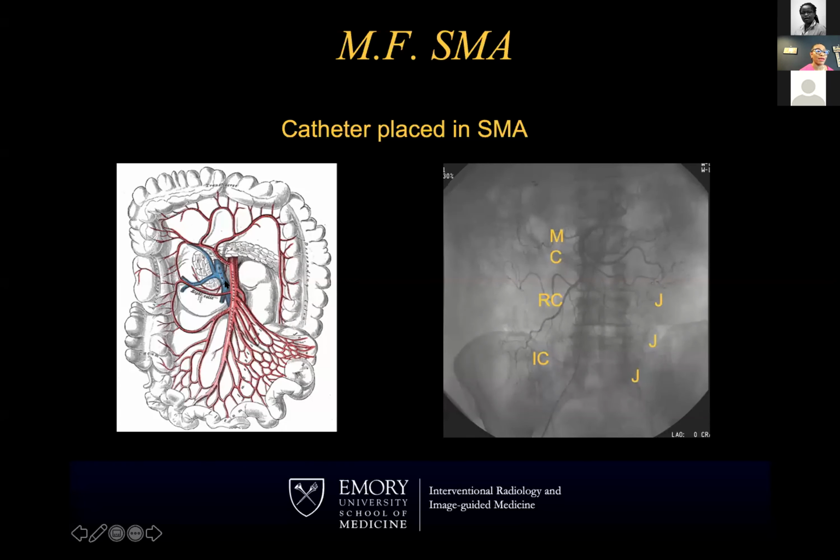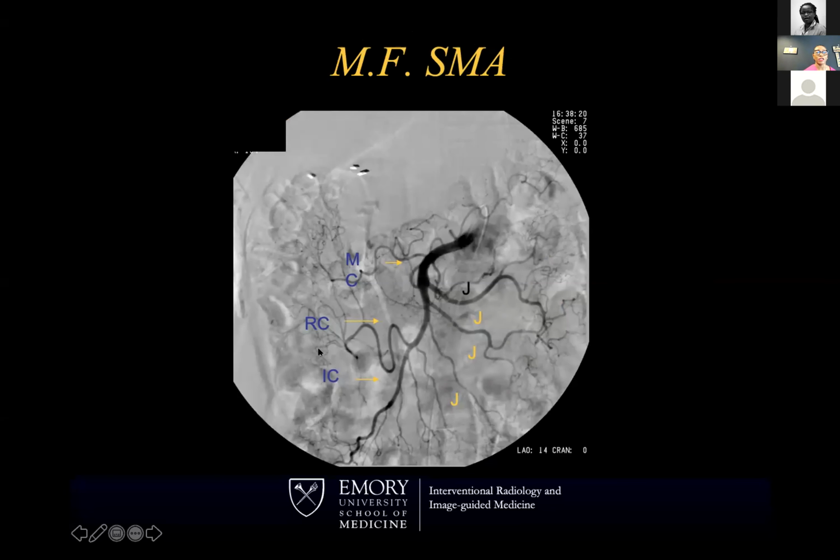The Netter image, if you look, this is the SMA, middle colic, right colic, iliocolic. Am I saying that right? Yep. Right colic is labeled here, and then the terminal branch being the iliocolic, and all of these just being jejunal branches. So just to beat a dead horse again, catheter in the SMA, jejunal branches, middle colic, right colic, iliocolic.